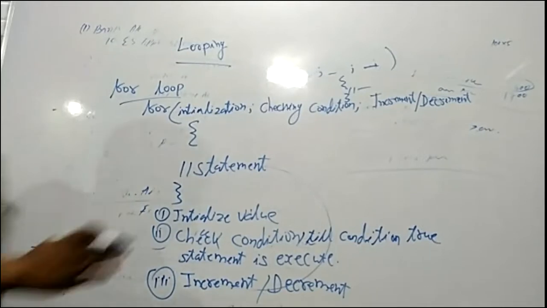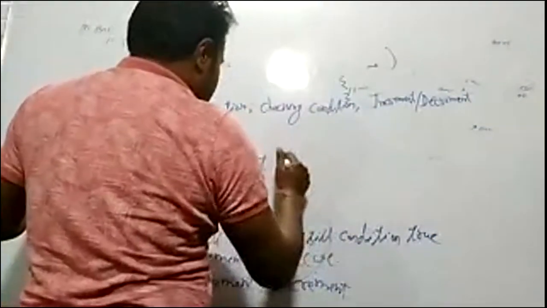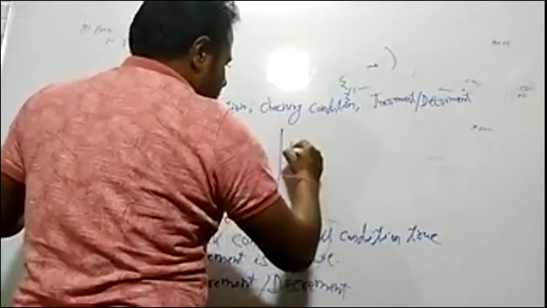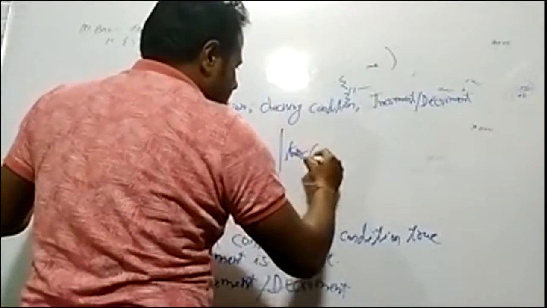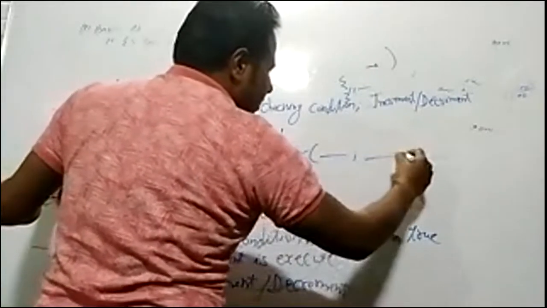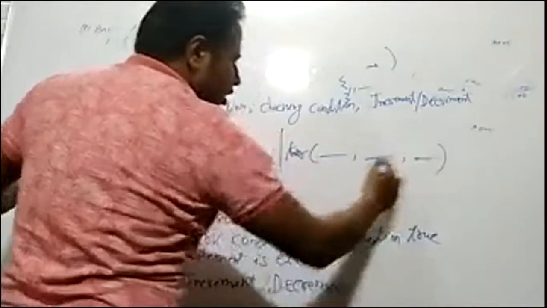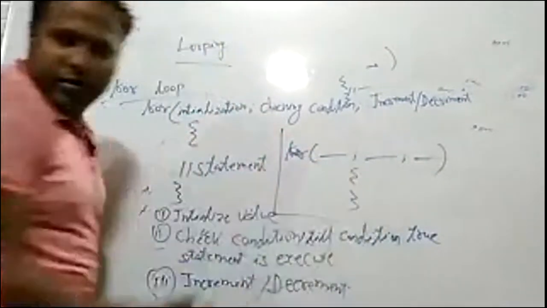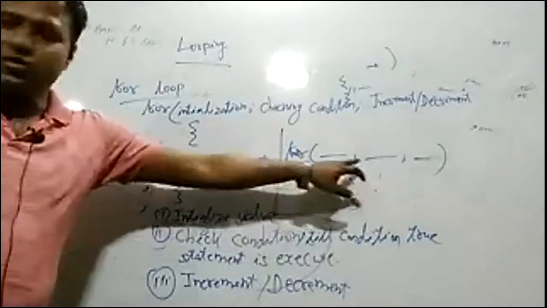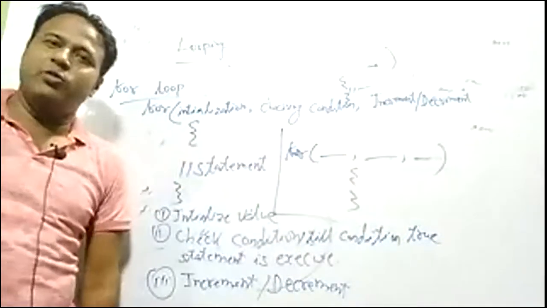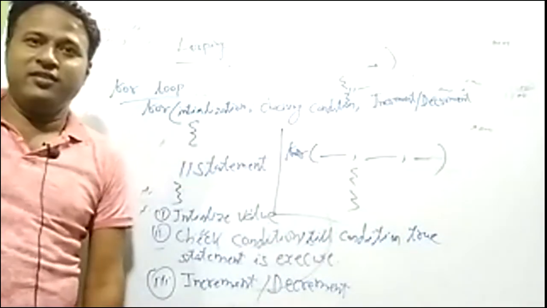So for blank blank, if I pass all the things as blank, if I do not pass anything here, then your looping is executed for an infinite time period.